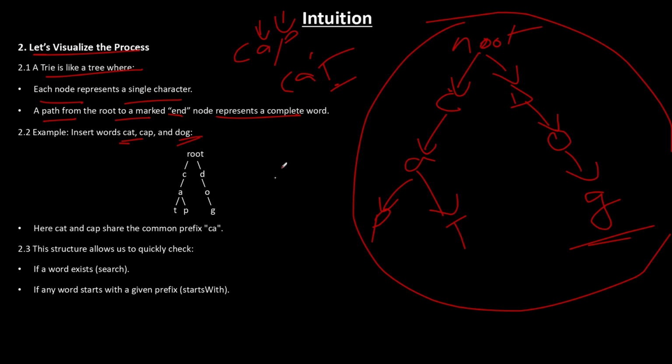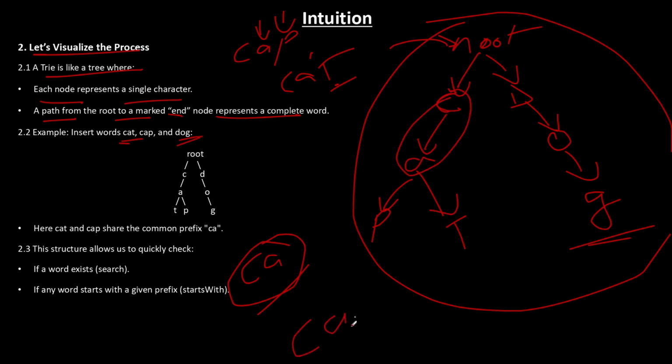So whenever a person comes and says I want CA as a prefix to be searched, what will happen? It will come to the root. It will see, okay, we have C, we have A, right? So we have CA as a prefix. Then if a person comes and says I need the word cat, we have C, we have A, we have T, cat.